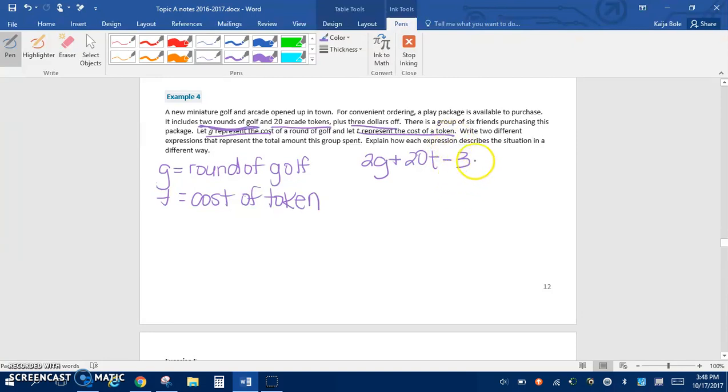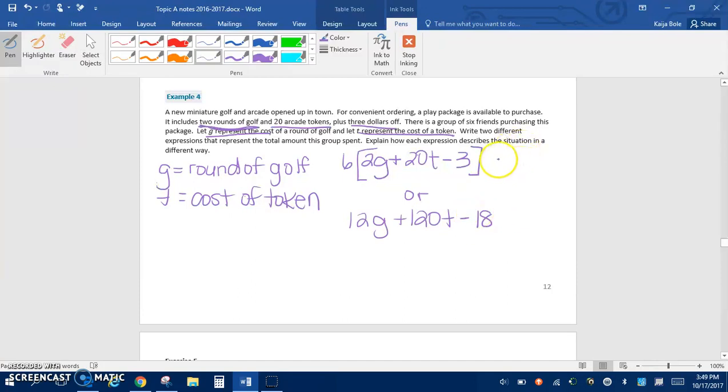So now one way we could write it to find the total cost would be to multiply all of this by 6. Alright. Or we can distribute the 6 in, so we would get 12G plus 120T minus 18.